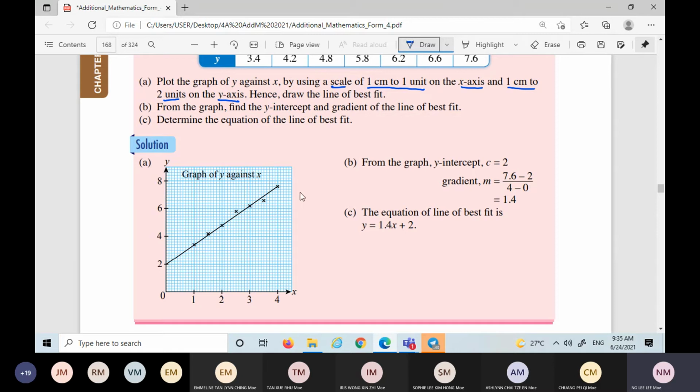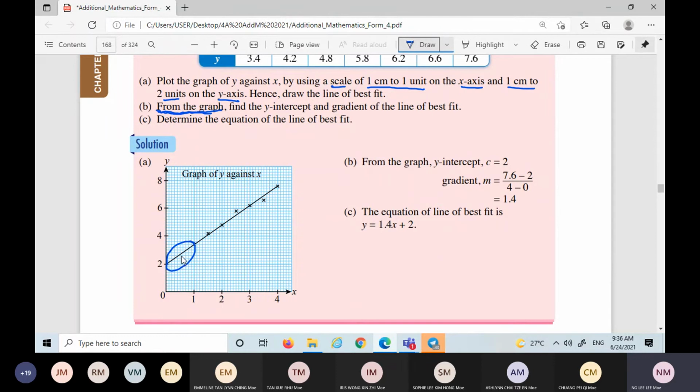You don't do like just now, substitute. If you substitute using y equals mx plus c to get your c, it is wrong, because the instructions say from the graph, find the y-intercept, which means you have to read it from your graph.